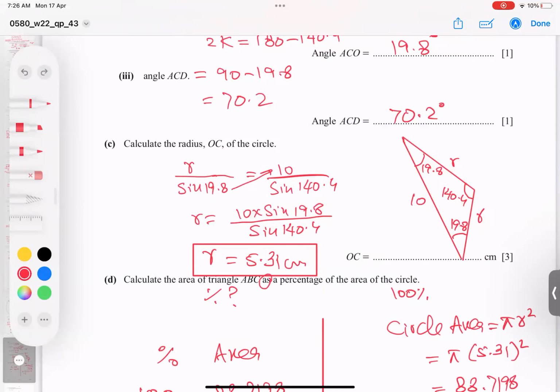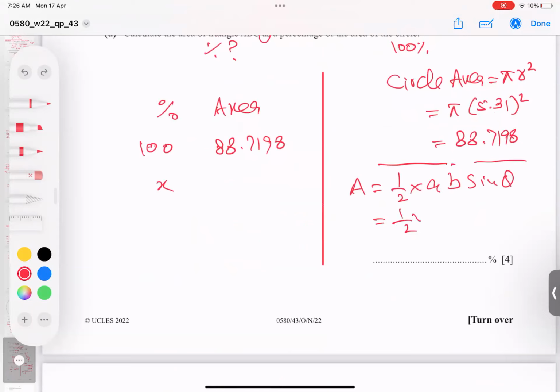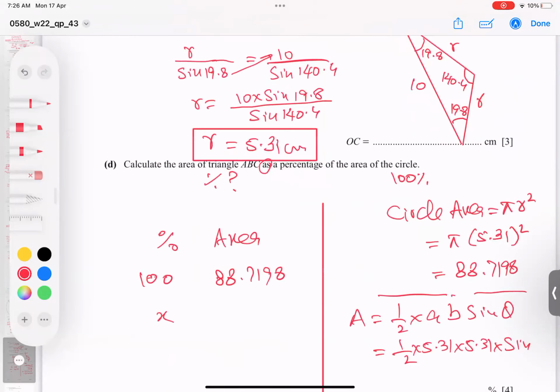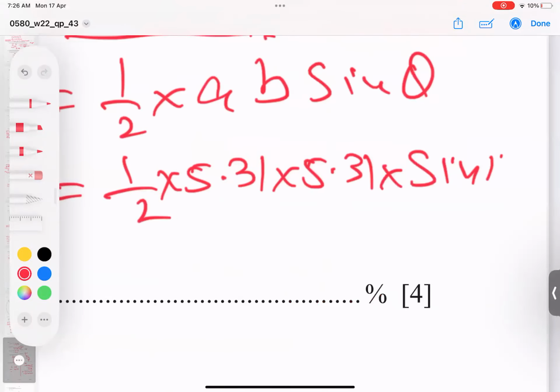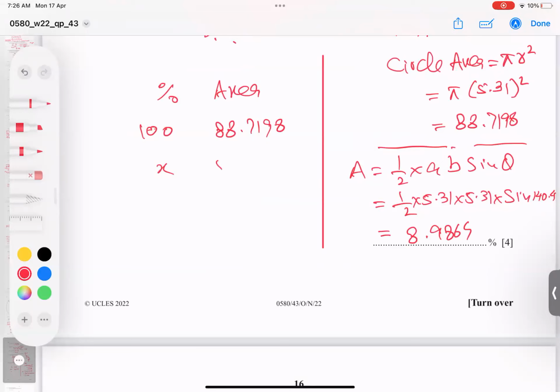The radius is 5.31, and the middle angle is 140.4. So half into 5.31 into sine of 140.4, and the answer I'm getting is 8.9864, which I'm writing here.